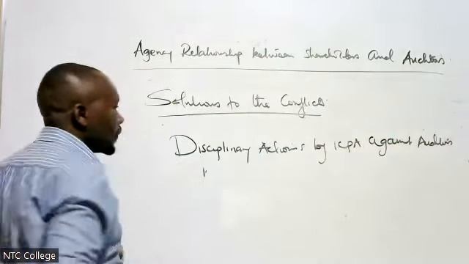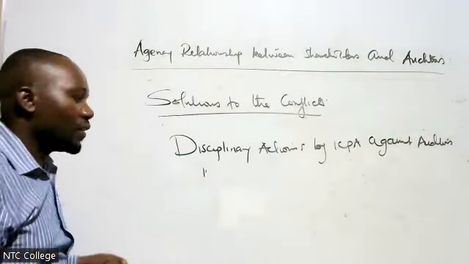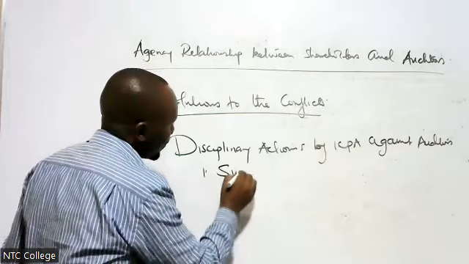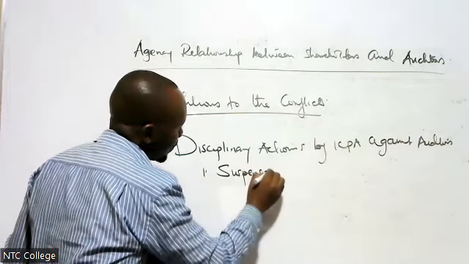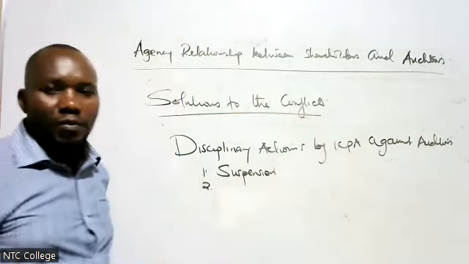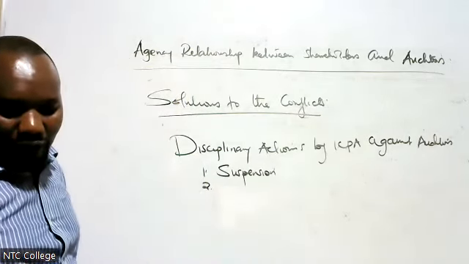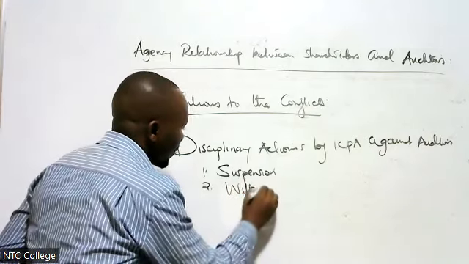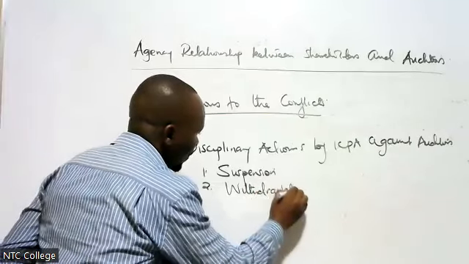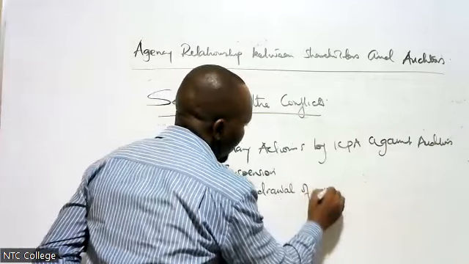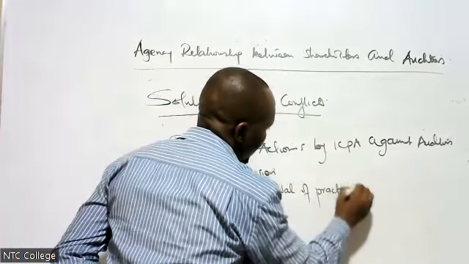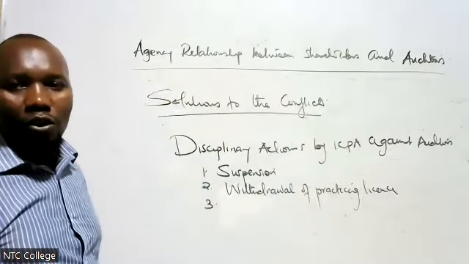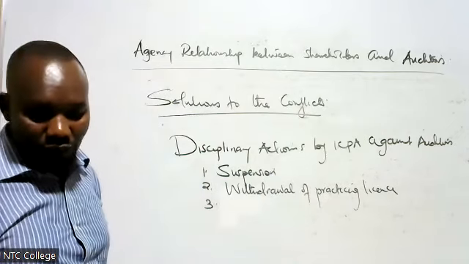Number 1, ISPAC can decide to suspend the auditor. Suspension. They can also withdraw the practicing license. That is a disciplinary action.